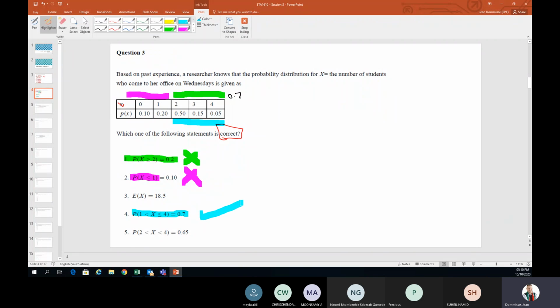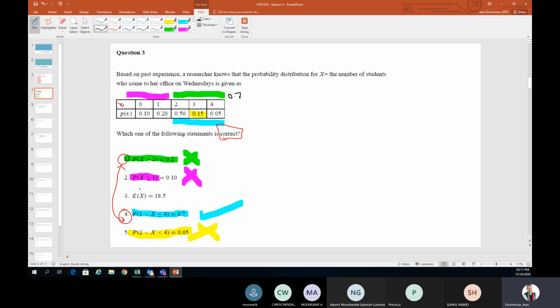So that one will be the correct one. Quite interesting that those two are written way differently, but you are actually working out the same answer. And then let's do this last one. Bigger than 2, but smaller than 4 is only that. So that will also be wrong.